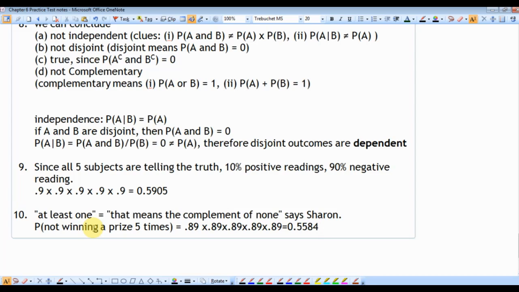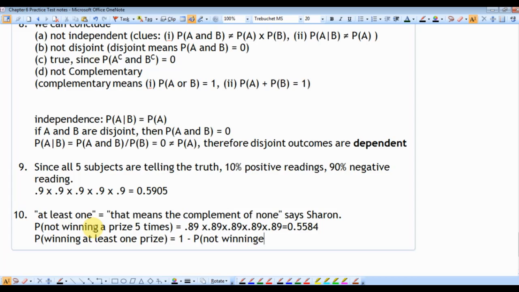Therefore, the probability of winning at least one prize is one minus the probability of not winning a prize, which equals 1 minus 0.89 to the fifth power, which equals 0.44, right? 44% chance you're going to win something.